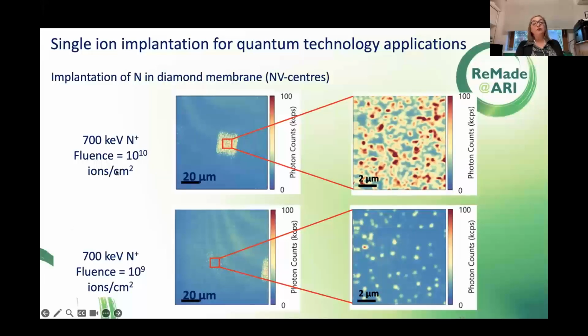But if you reduce the fluence of ions 1 order of magnitude with the same energy of nitrogen ions, you will make better separated and single NV centers. So this is not ordered, but this can be also done by using ion microprobe, for instance, and some trigger which will tell you when you placed one ion to move on another place, and that equidistant.